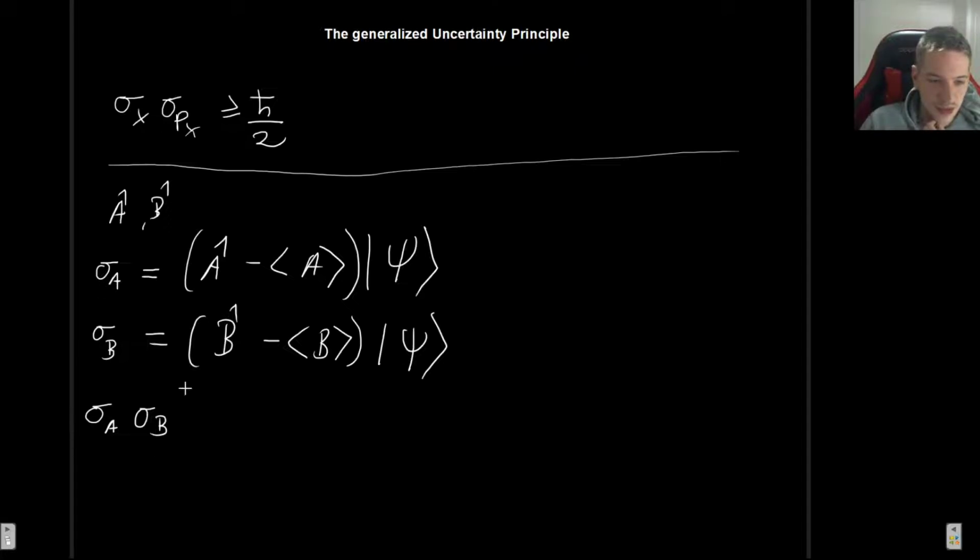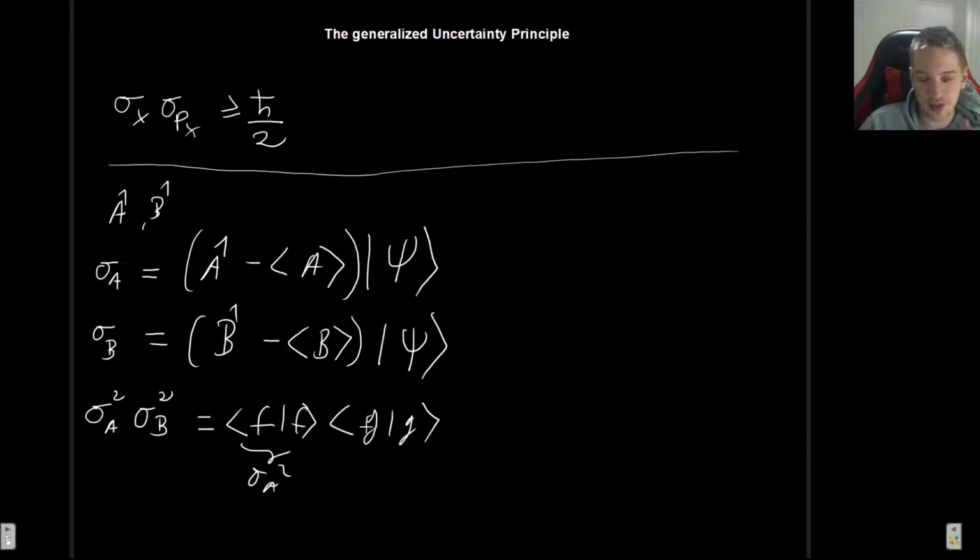And the way to see it is that we have these two quantities here, and if we square them, then you can see that this is basically, let's just call this f and g. So this would be sigma a squared, which means it's basically the inner product of something with itself, and sigma b squared is also the inner product of something with itself.